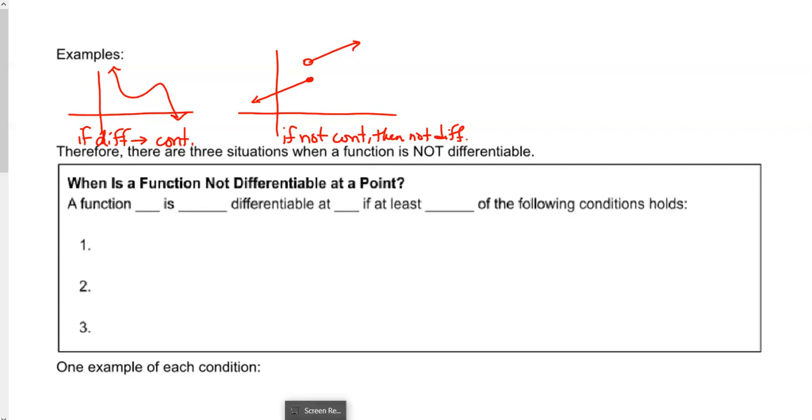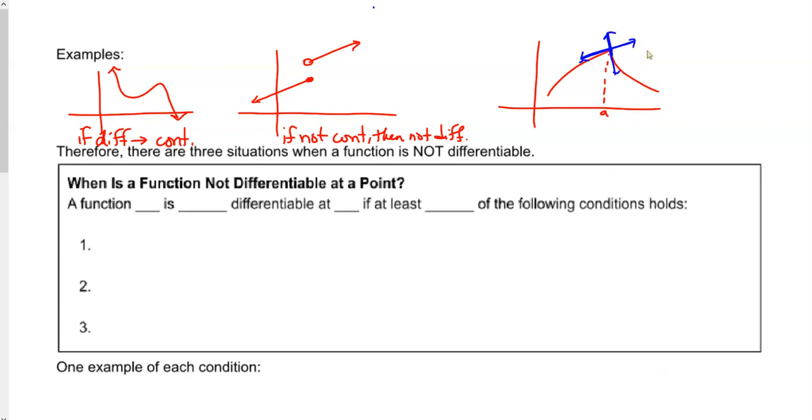Okay? But another picture of a function that's not differentiable would be something that maybe looks like this. Because if I let this be my A value right here, then the derivative coming in this direction is definitely not the same as the derivative or the tangent line coming in this direction.